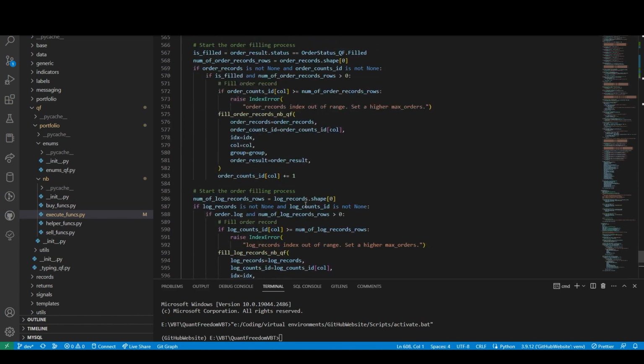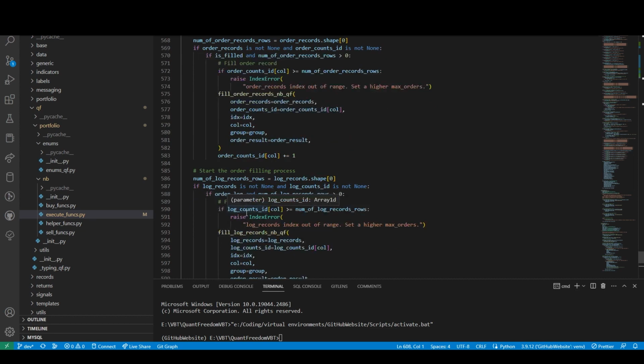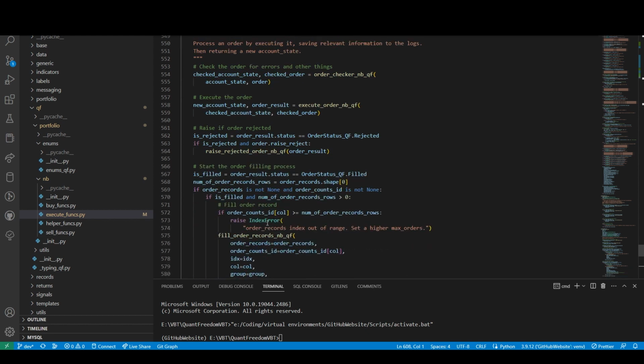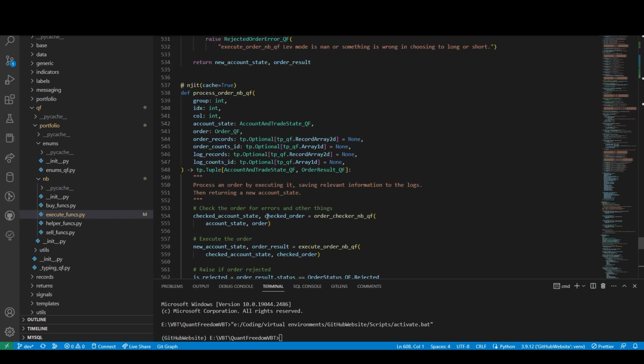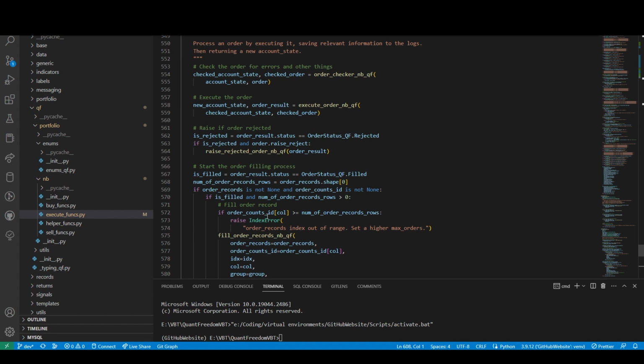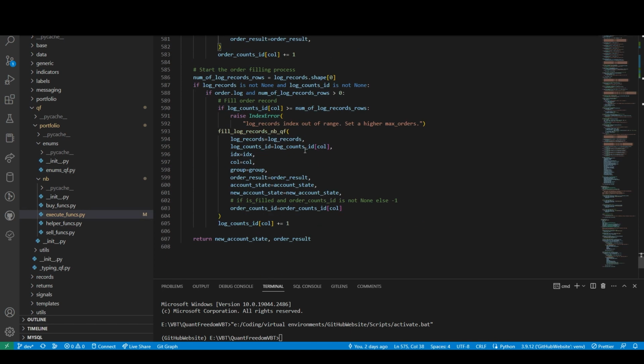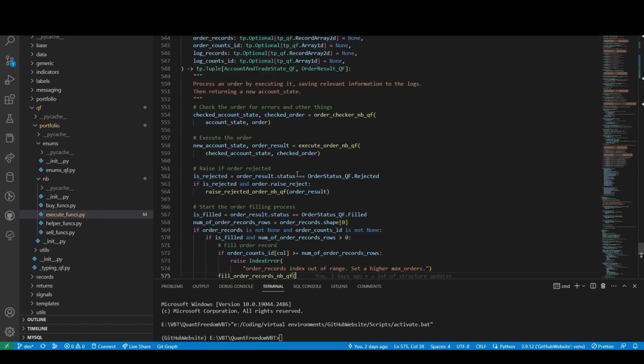Because how do you do process order NB? Oh yeah, here. Part of me feels like I should just copy this whole thing here. Just copy this entire thing and then just return this, because that's basically what I'm doing.